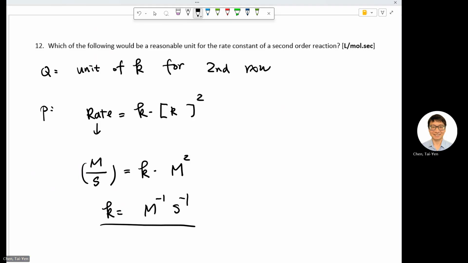So after this, you check your answer, then you realize it doesn't look exactly the same, right? Simply because here you use the molarity directly. So you need to do another step because you know the unit of that is this, right?